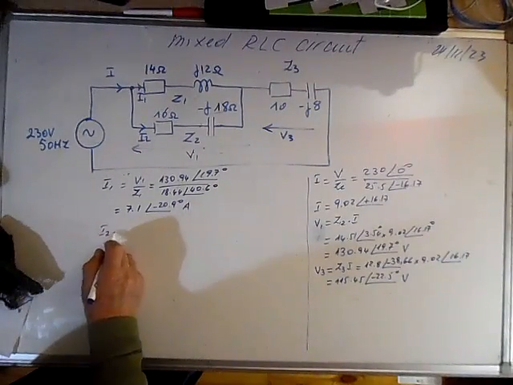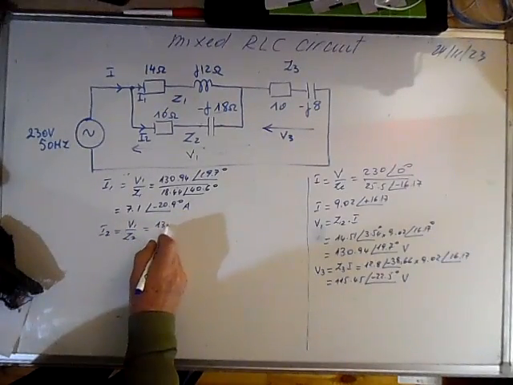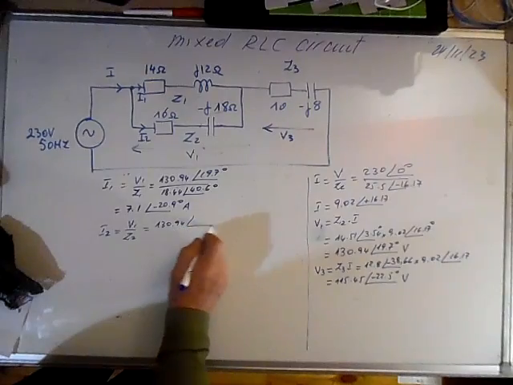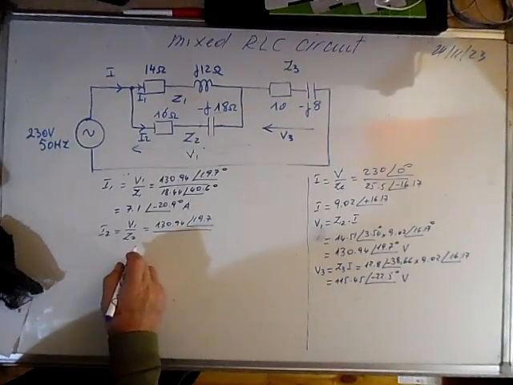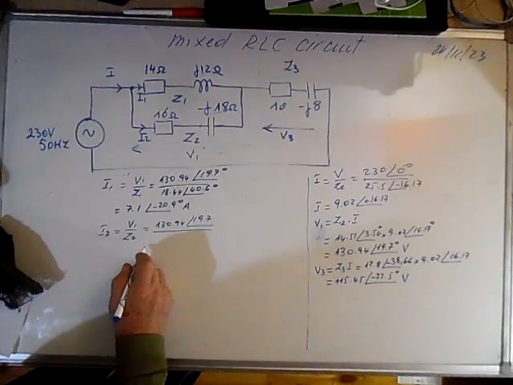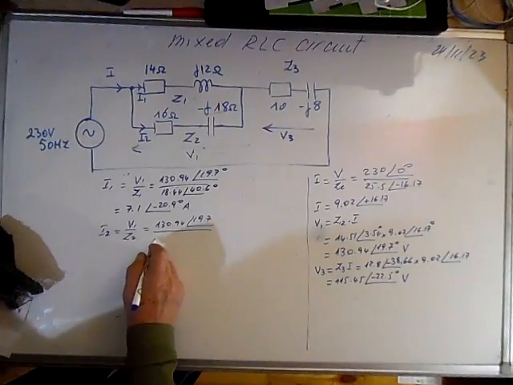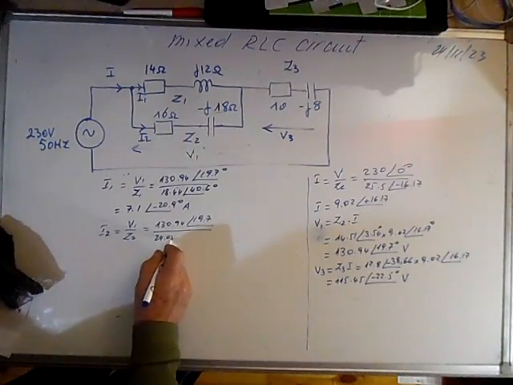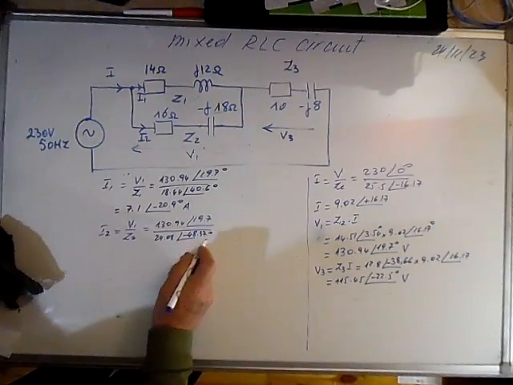Now we can calculate I2, which is V1 over Z2. It's 130.94, 19.7 over Z2, which is equal to, here we have it, 24.08 minus 48.37 degrees.